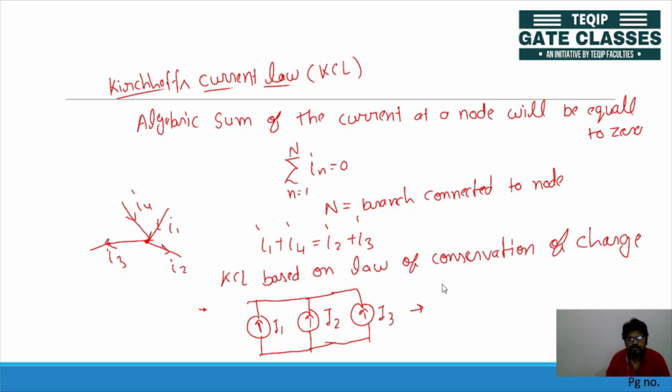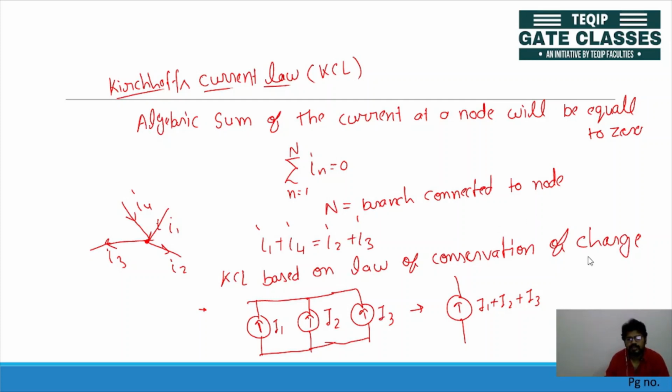We can convert this into an equivalent current source which is the sum of all these current sources, I1 plus I2 plus I3, depending upon the direction of the arrow. If the arrow is downwards, then we can subtract it.